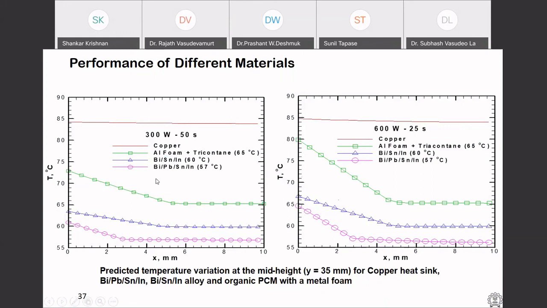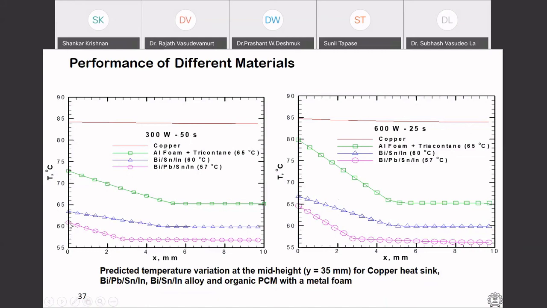So first we will consider this lead alloy, which melts at 57 degrees Celsius. You can see this purple line where the melting point of this material is 57. So most of the material is at 57 degrees Celsius, and only up to 2.4, 2.8 mm has melted for this 300 watt 50 second pulse.